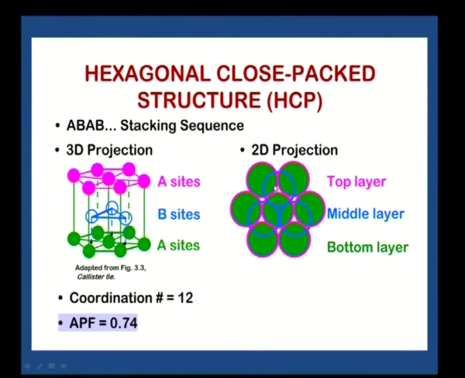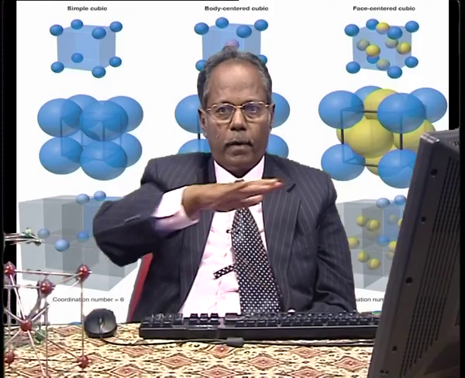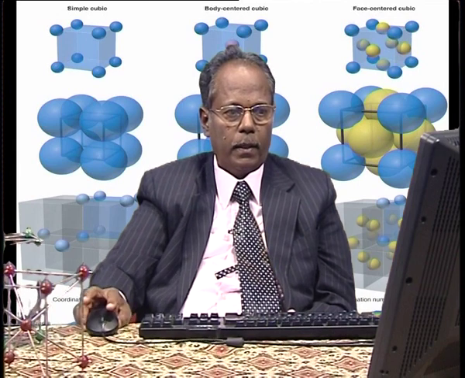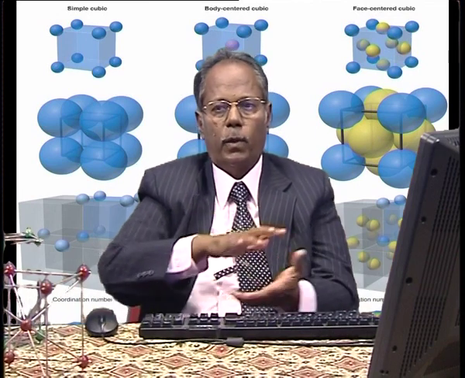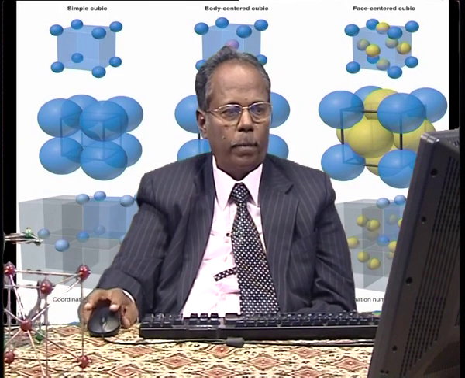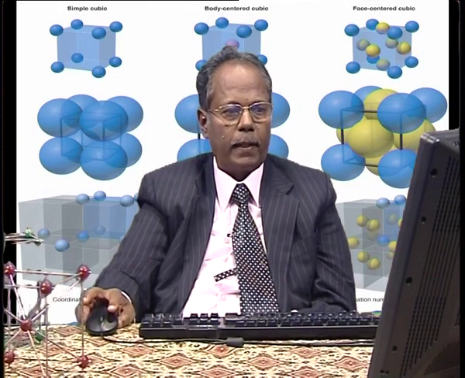Having constructed the first layer, how do you construct the first layer? You are putting the balls side by side, okay. In whatever way you are putting, when you are close packing, it will automatically lead to a shape like a hexagonal shape.